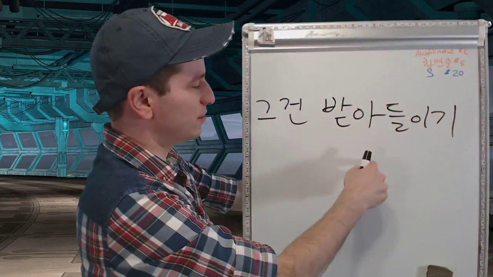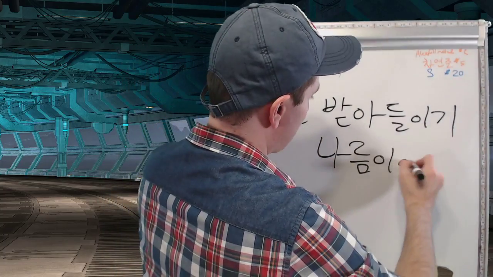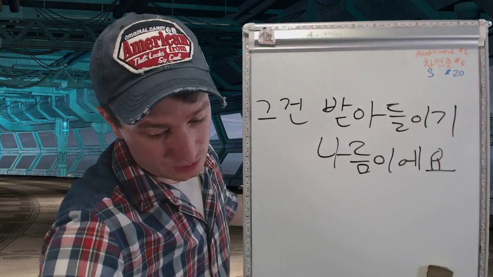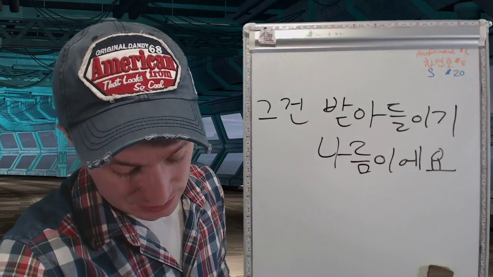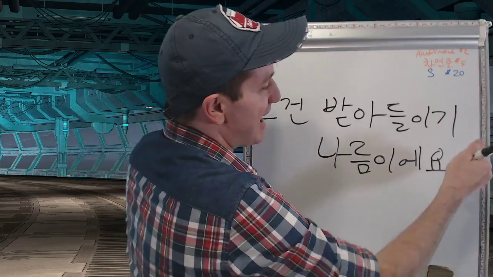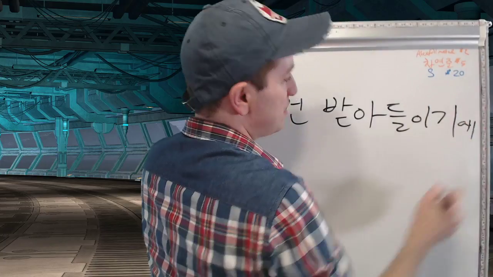So before we had 그건 받아들이기 나름이에요, right? Now the only difference is that while 나름 just used 기 by itself, this 달려있다 uses 기에.